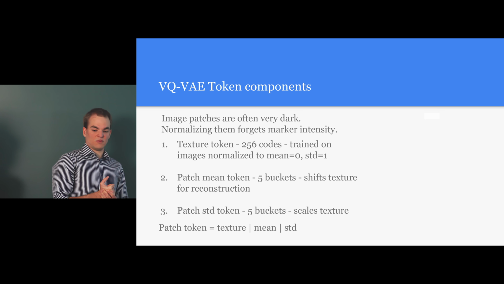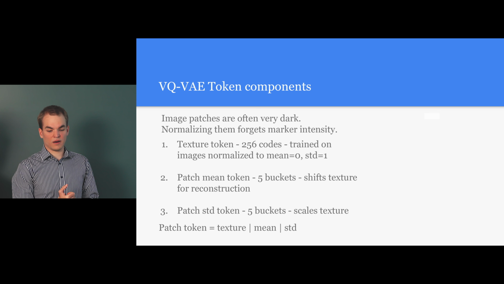So our modified VQVAE: a normal VQVAE has just one token per image patch. Here, because a lot of markers are very dark but can still have meaningful information, and the intensity of the marker is also important, we divide the token into three parts.